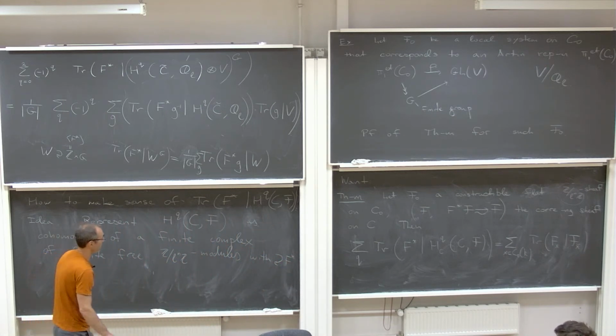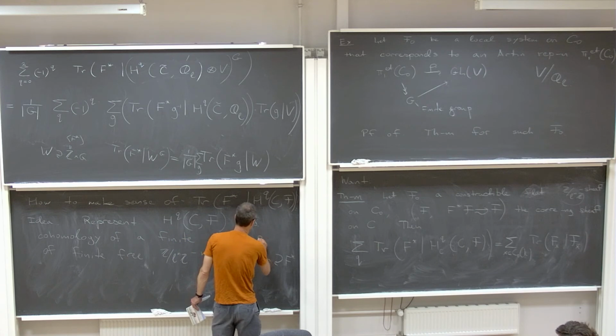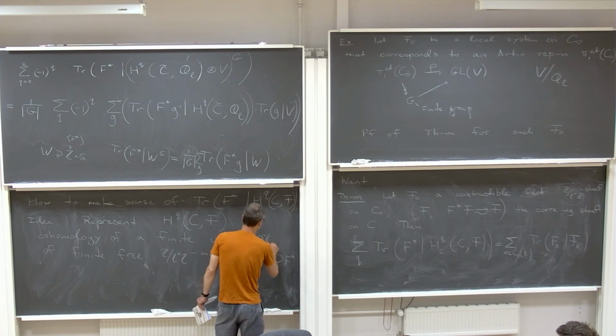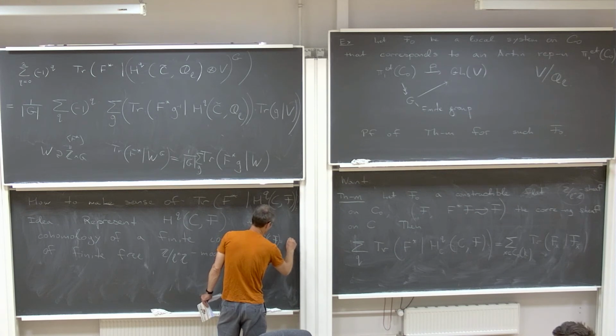So let's give a name. Let's call this complex RΓ(C, F), and so this is P dot.